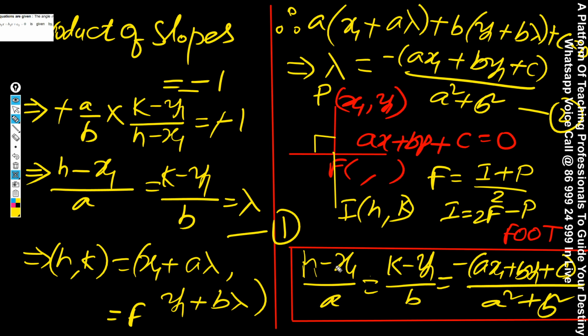Same formula: h minus x1 by a is equal to k minus y1 by b is equal to minus 2 into ax1 plus by1 plus c by a square plus b square. The formula is one and the same, except that 2 will be extra.